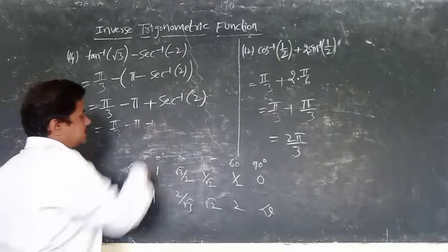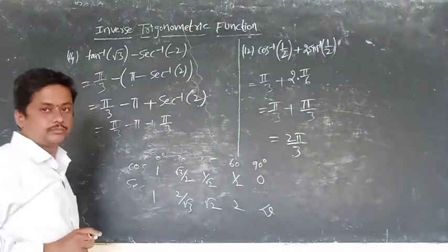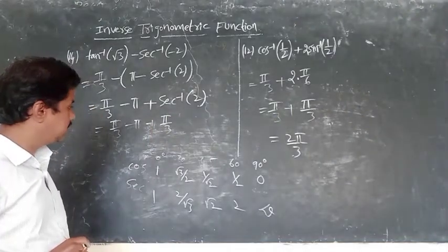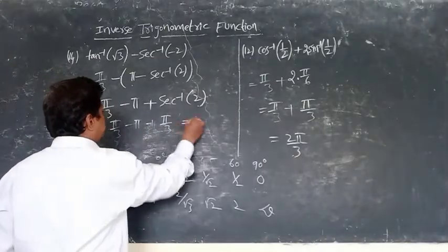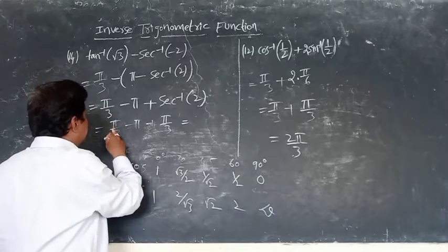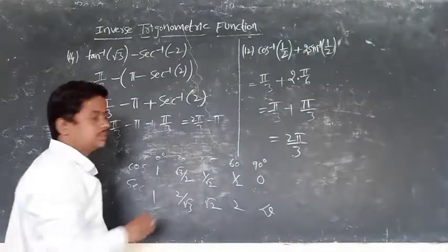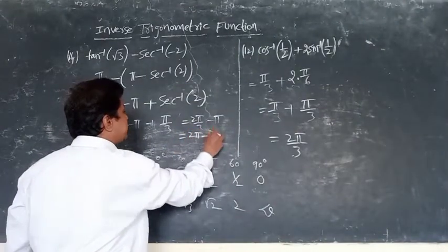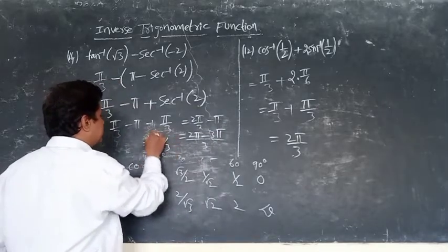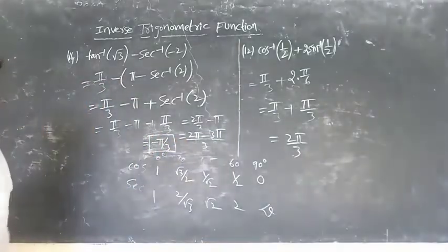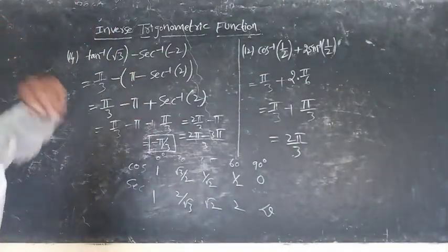Now simplify: pi by 3 minus pi plus pi by 3 is 2 pi minus 3 pi over 3, which is minus pi by 3. So minus pi by 3 is the answer.